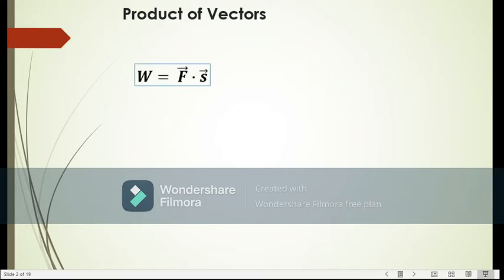Here are examples of formulas that use the multiplication of vectors. We have work, which is equal to the dot product of force and displacement. Torque, which is equal to the cross product of the lever arm and force.